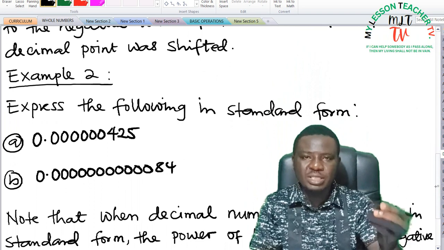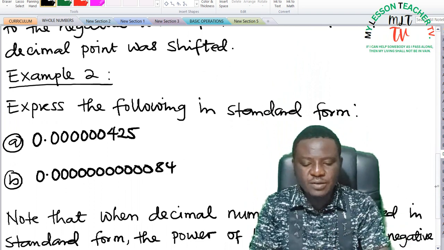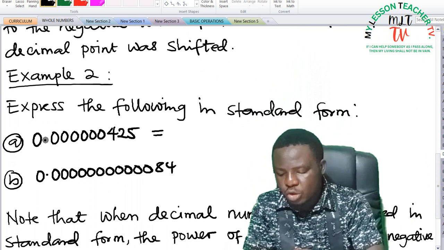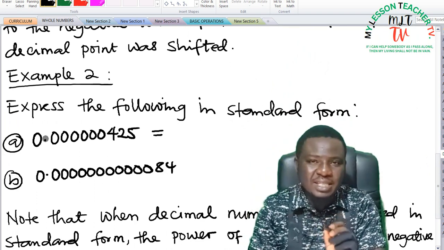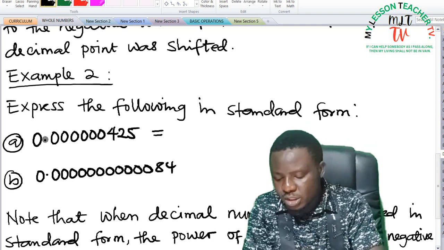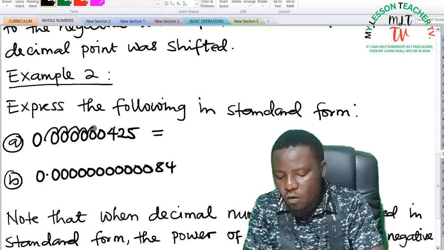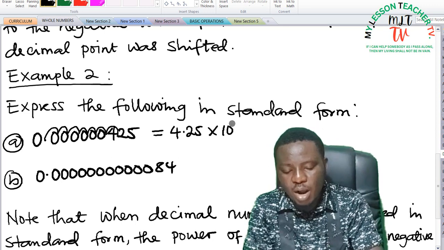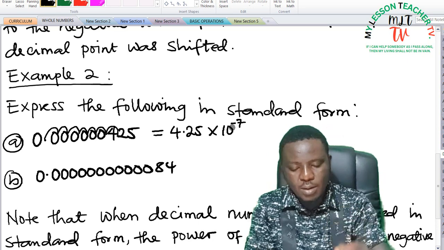Example 2. Now, with all this knowledge, let's express the following in standard form. You move the decimal point until it gets to the back of the first non-zero digit. So this becomes 1, 2, 3, 4, 5, 6, 7, so that your answer becomes 4.25 times 10 raised to the power of minus 7.